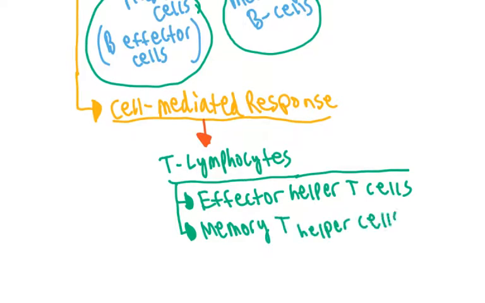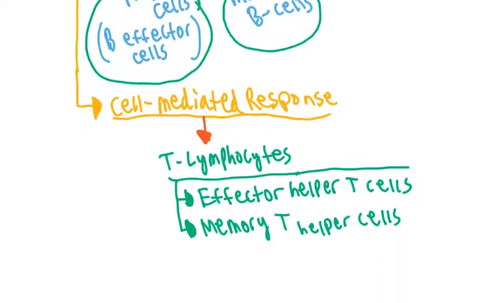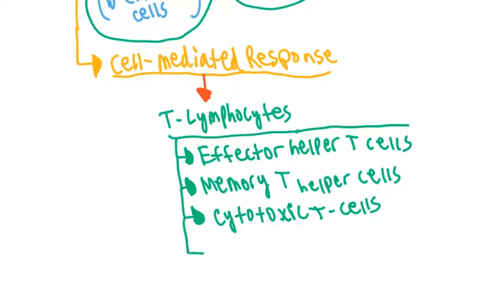Just like we have memory B cells in our humoral response, we have memory T helper cells. Another cool named one is cytotoxic T cells. And another type of T lymphocyte we should know is suppressor T cells. So suppressor T cells, cytotoxic T cells, memory T helper cells, and effector helper T cells.